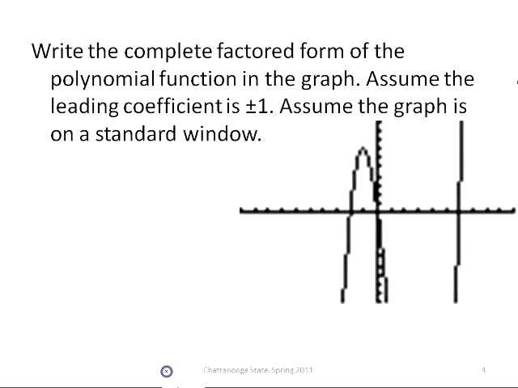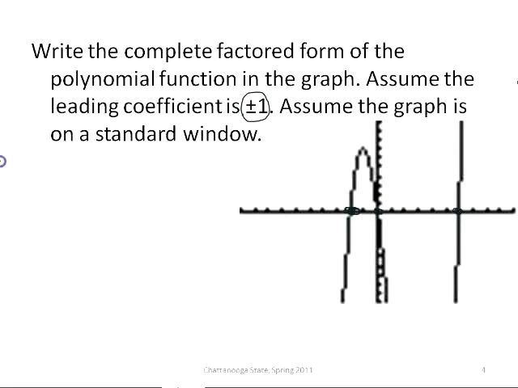Now here I'm asked to do the same thing, write the complete factored form, but I have to read my information from the graph. Assume my leading coefficient is either +1 or -1. And assume our graph is on a standard window. Well, I can see 3 x-intercepts.